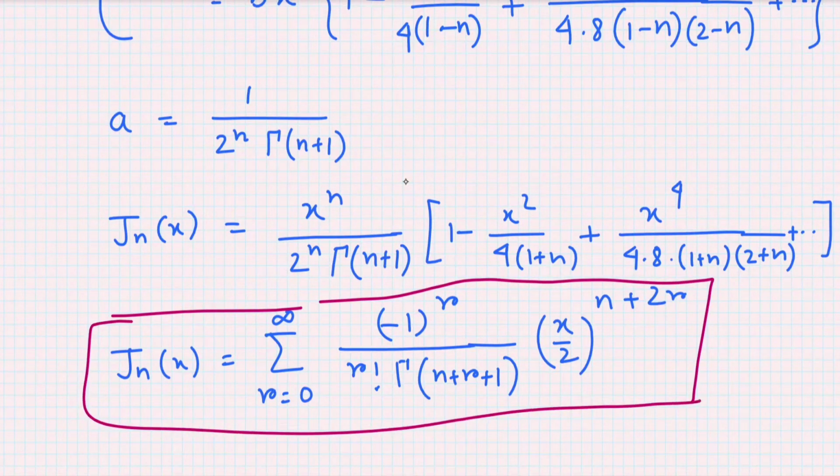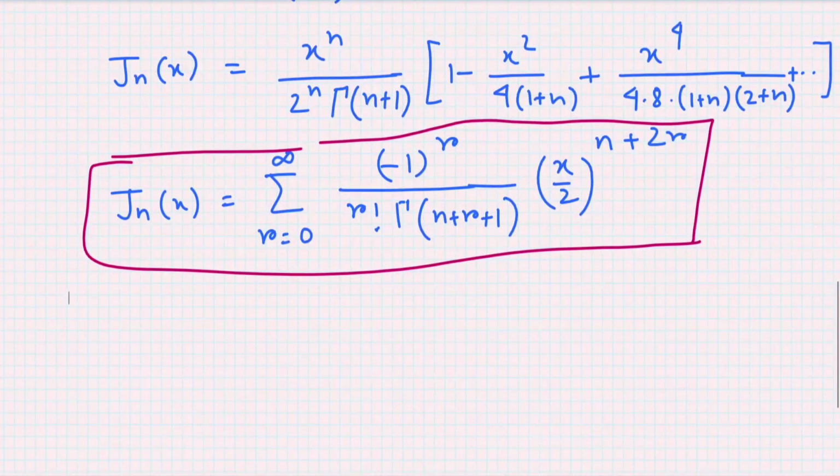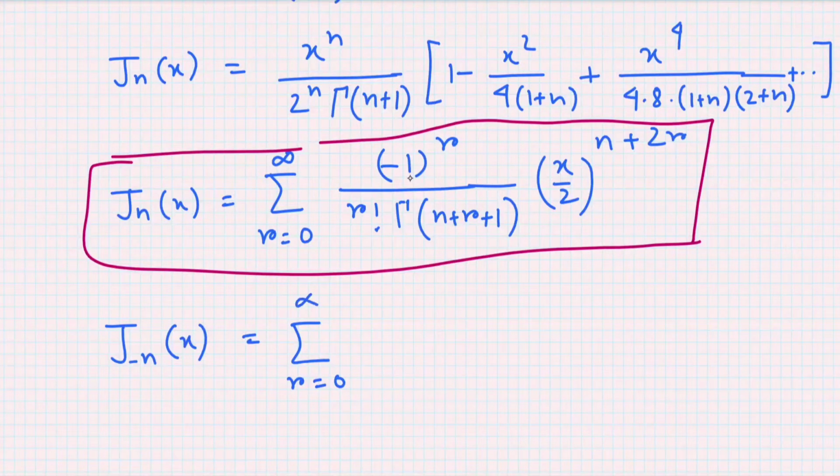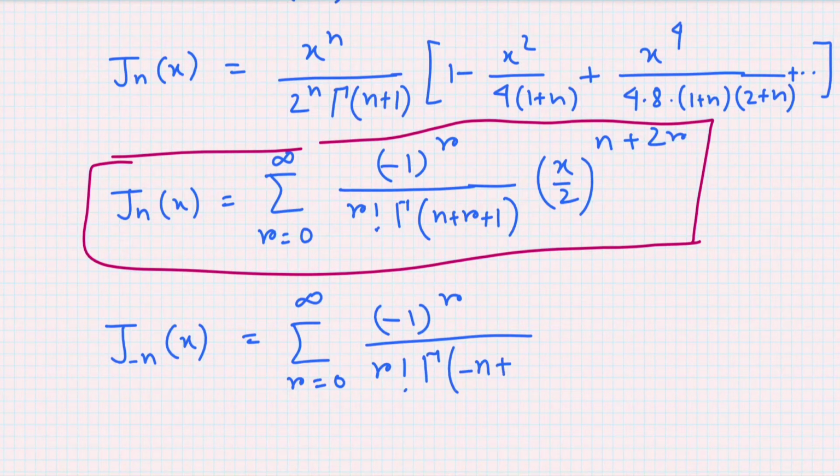Now, if we replace n by minus n, then we get J of minus n of x, which is equal to summation r equal to 0 to infinity, (minus 1) power r by r factorial gamma (minus n plus r plus 1), into (x by 2) power (minus n plus 2r).